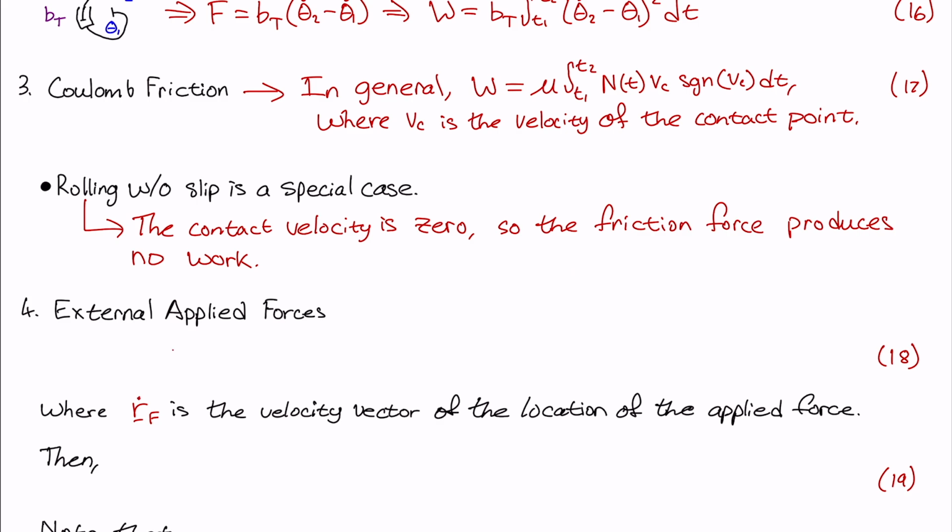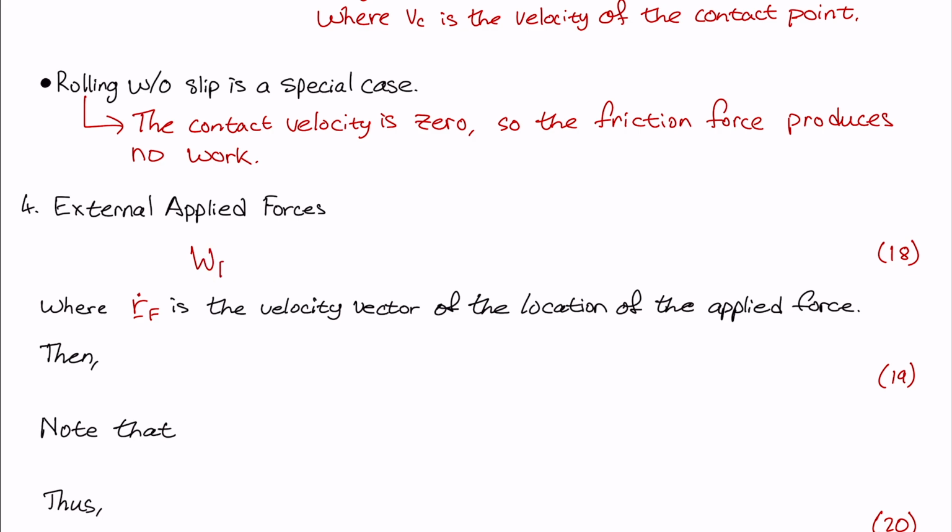In this case, the work done by some external force, W sub F, is going to be the integral from R1 to R2 of F dotted with dR. This is then equal to the integral from t1 to t2 of F dotted with the velocity r sub F dot dt, where this r sub F dot is the velocity vector of the location of that applied force, which means that you need to use rigid body kinematics to find this velocity.